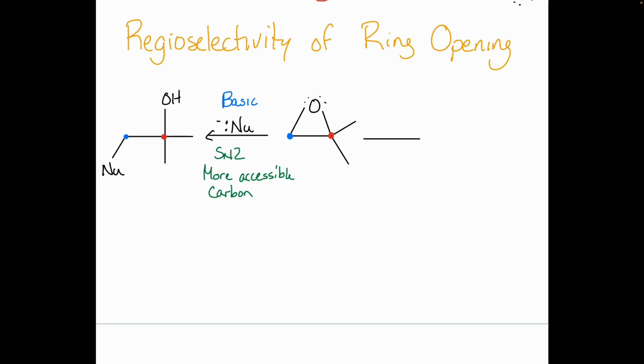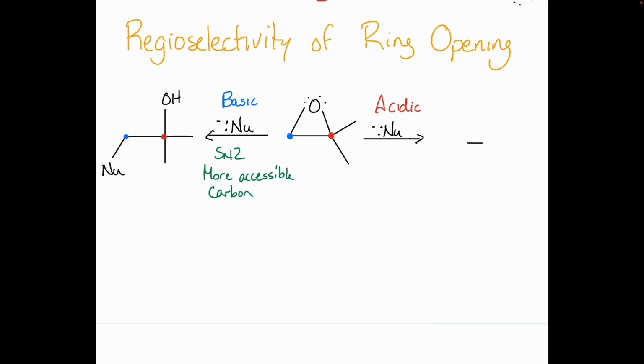If we do the same reaction, but under acidic conditions, again, we'll use just generic nucleophile, bromide ion, chloride ion, something like that. All right?